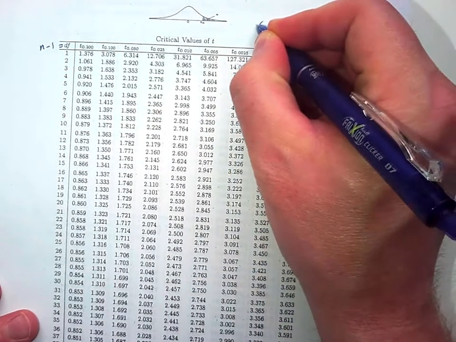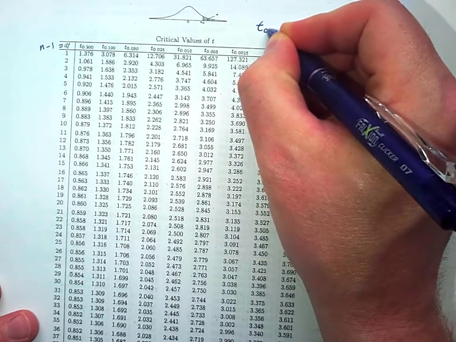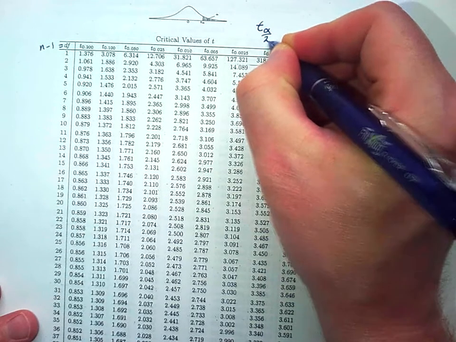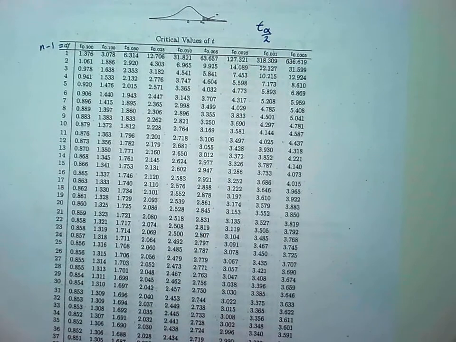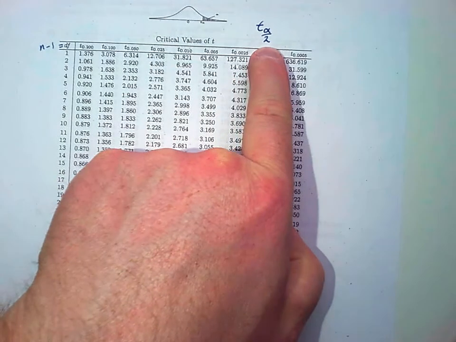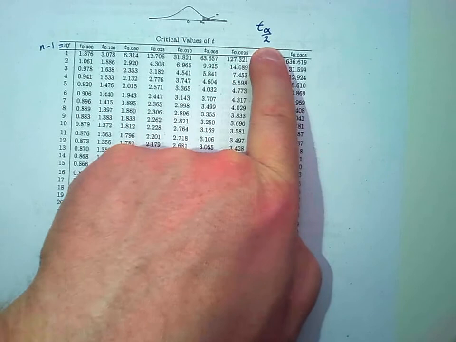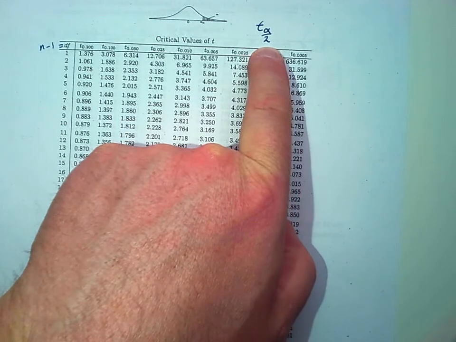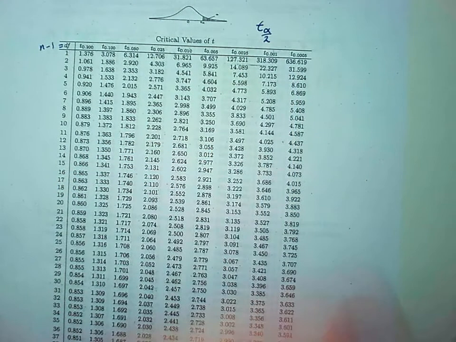You can imagine that these t subscripts are alpha divided by 2. Later on, once we get into chapter 8 and stuff, we're going to switch it up a little bit. But for right now, you can remember that those subscripts are the exact same thing as our alpha divided by 2. It's the same alpha divided by 2 that we got whenever we were using z values before.